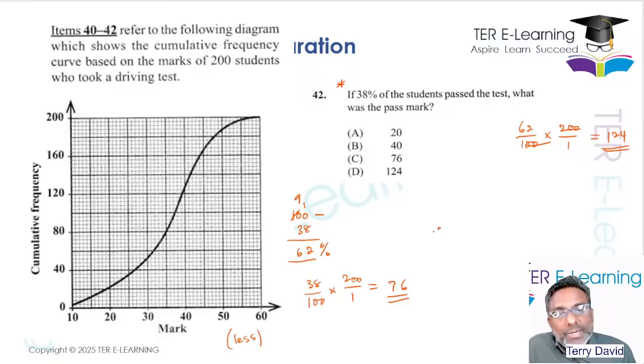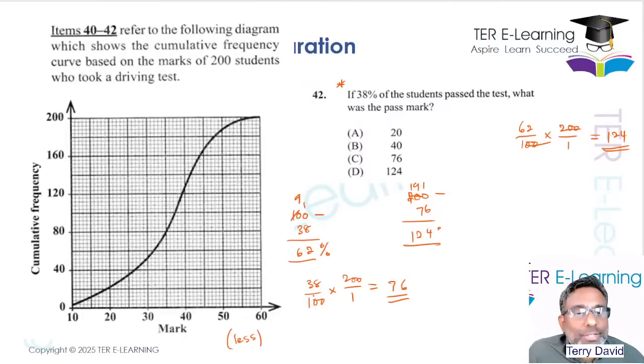So let's take 200, the total number of students, minus 76. 10 take away 6 is 4, 9 take away 7 is 2. So we have 124 students who actually failed the test. So you're looking to see where is 124.